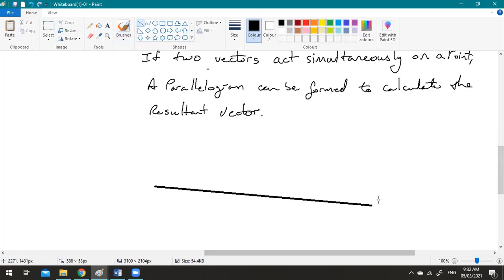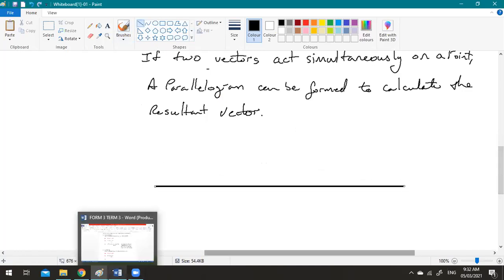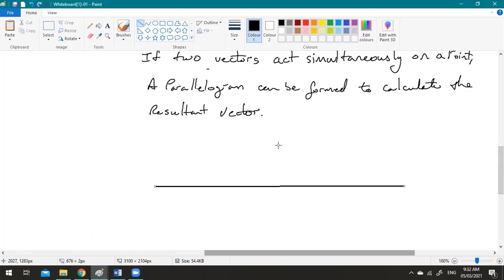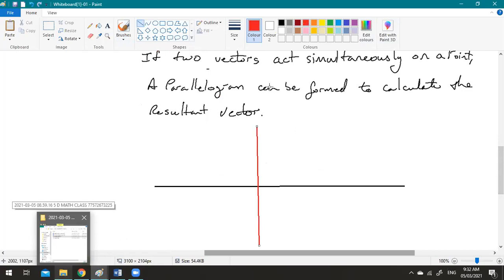Again, what does this mean? If we have a graph, and you have one vector going this way and one going this way, and they are acting on the same point, so A to B to C, you have AB and AC.